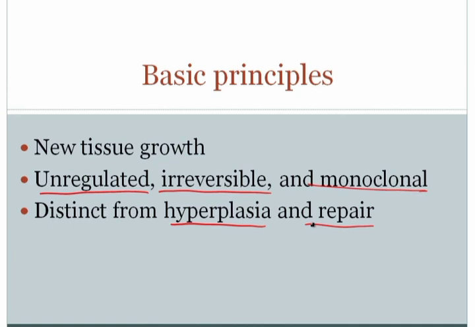And it's polyclonal. And by polyclonal, what we mean is that multiple cells produce daughter cells, which then subsequently results in the hyperplasia. Whereas cancer is monoclonal. We're going to talk about monoclonality in a moment. So again, these are three very important features of neoplasia.